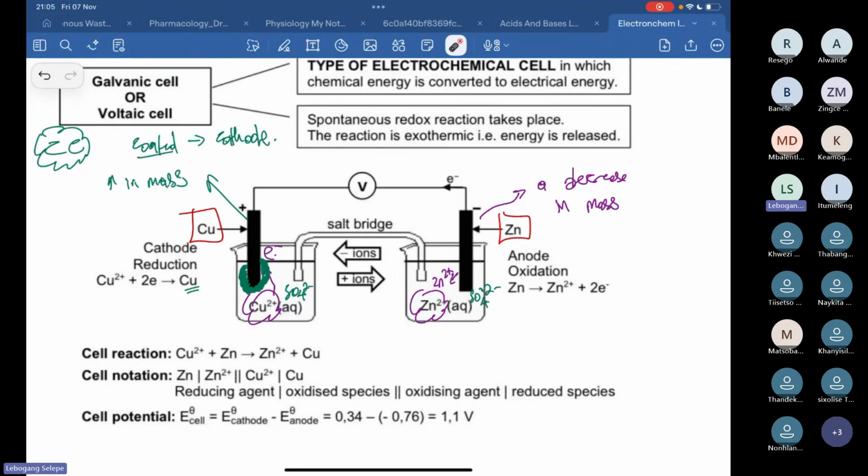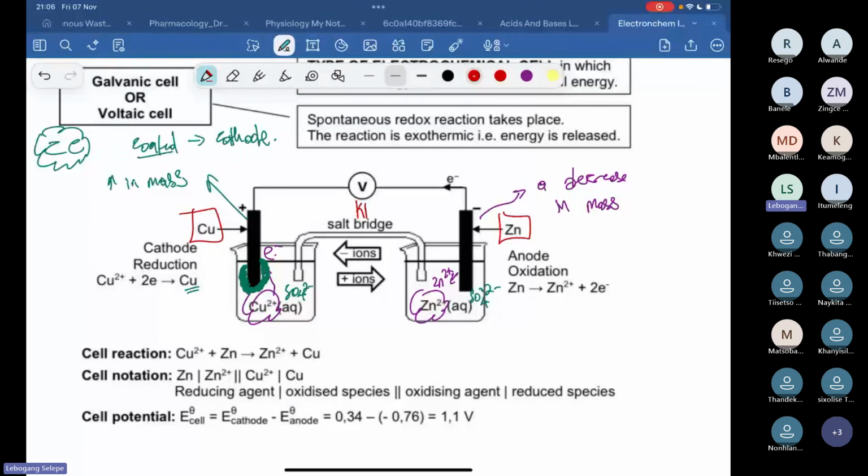All right, so how are we gonna neutralize this positivity? Anyone? The salt bridge. That's correct. So the salt bridge is also made up of a solution. Usually we use potassium nitrate.